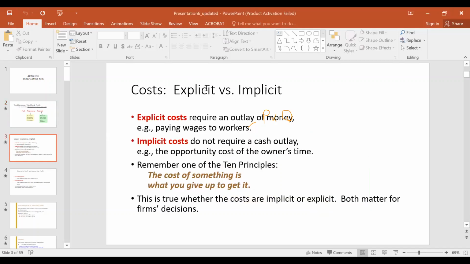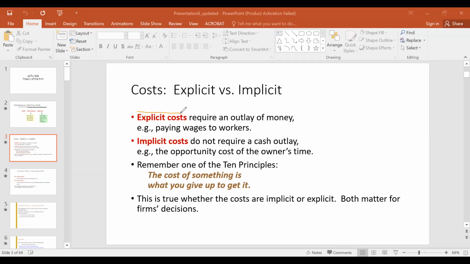All right, let's keep going. Let's define a few costs. We have explicit cost and implicit cost, as the names suggest. In English grammar, explicit will mean directly. A cost is classified as explicit if you really made an outlay, if money went out in paying for that item, then that payment is classified as an explicit cost.